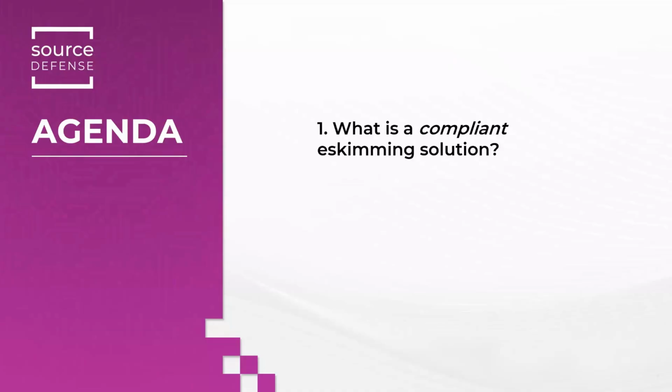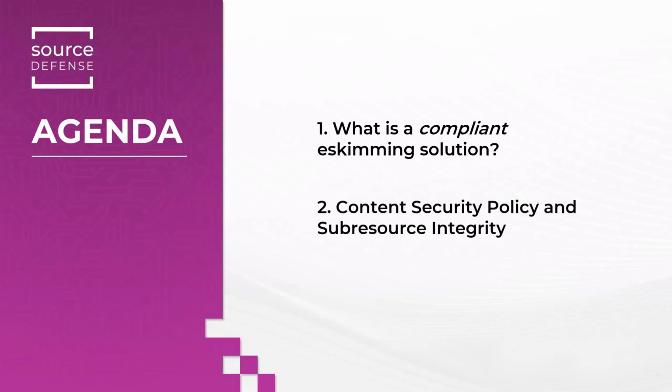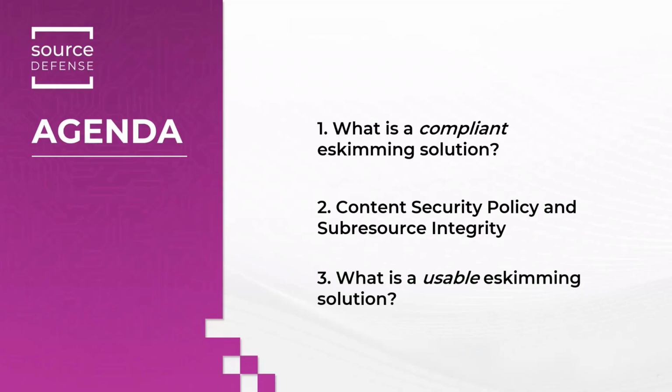Basically, what is a compliant eSkimming solution? And then talk a little bit about content security policy and sub-resource integrity. These are the main things that one might use if they were going to build their own in-house solution. And then last, what is a usable eSkimming solution?